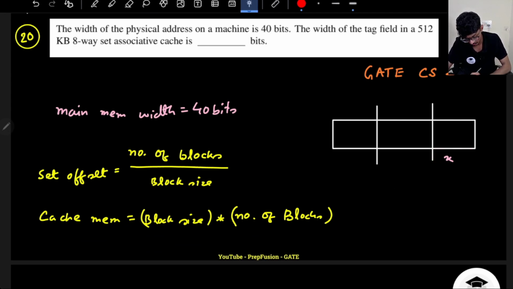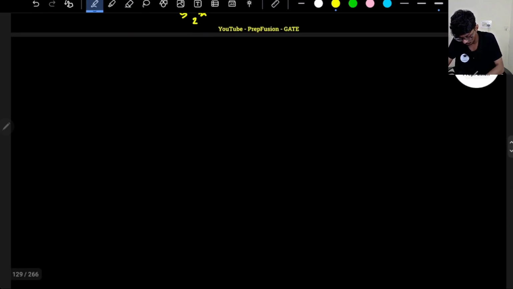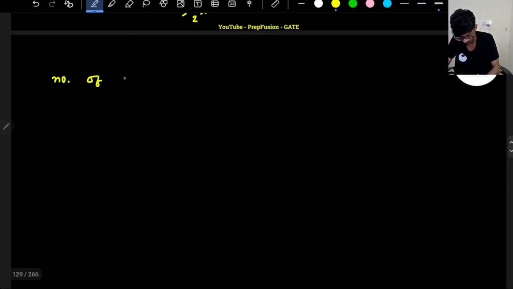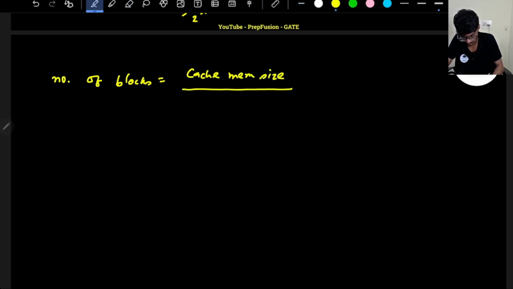If the byte offset is x, then the block size will be 2 raised to power x. And the number of blocks will be the cache memory size divided by the block size, that is 2 raised to power x.